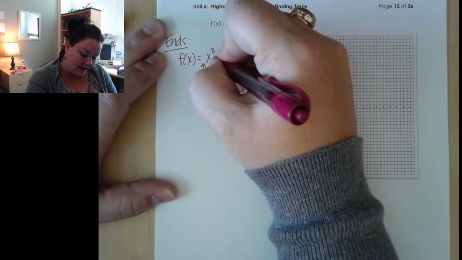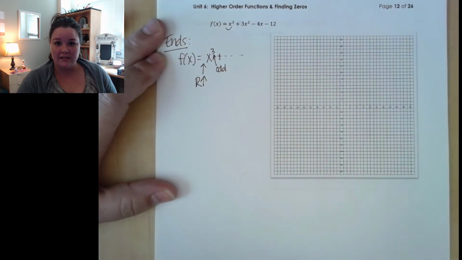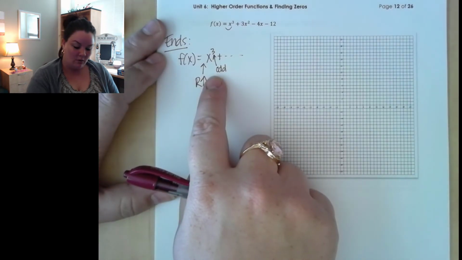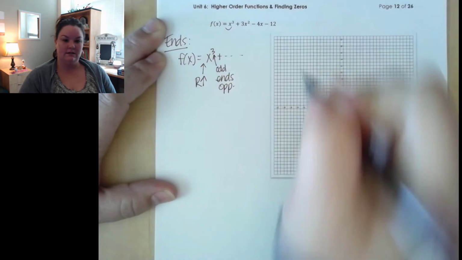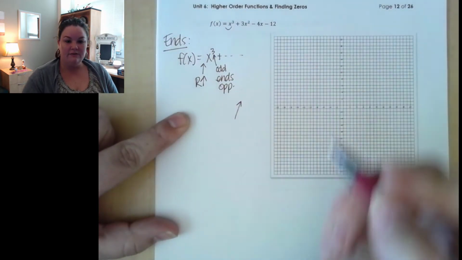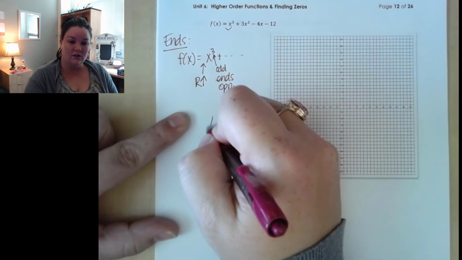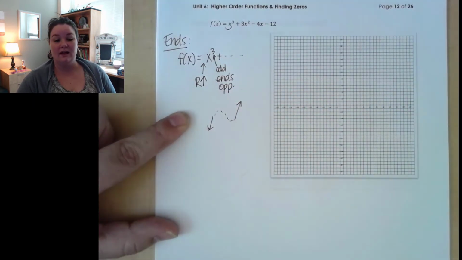And then I have an x cubed, which is odd. If it's an odd exponent or an odd degree of our polynomial, that means that our ends are going opposite. Okay, so I'm going to sketch a little picture. Right side's going up. If the ends are opposite, that means the left side's going down. And I'm not really sure what's going on in between, but it looks something like that.